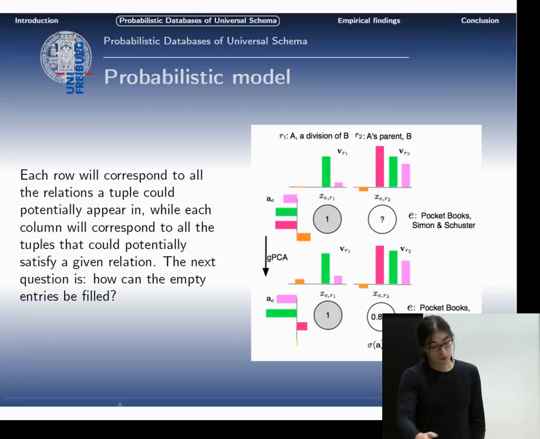It means we have not seen this entry. It could correspond to Pocket Books being parent of Simon and Schuster. Again, here the rows of the matrix correspond to entity tuples, and the columns correspond to binary relations between the tuples.